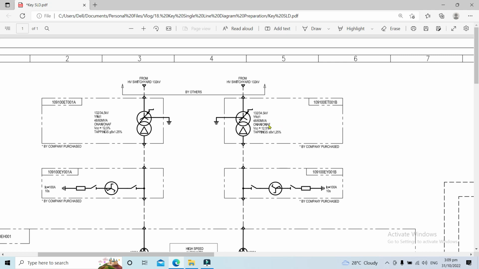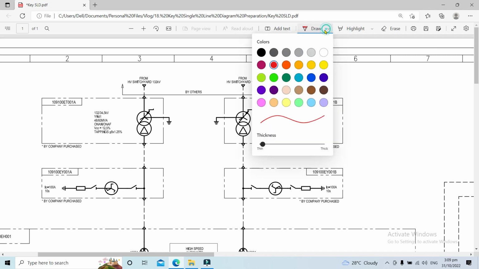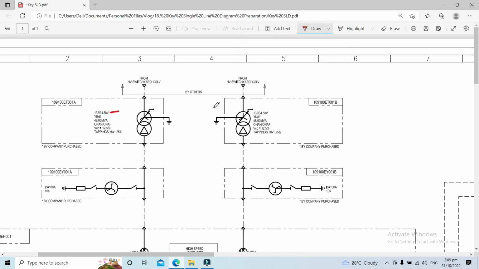Let's start on the upstream of our single line diagram. Here, our transformer voltage system is: the primary is 132 kV, the secondary is 33 kV.